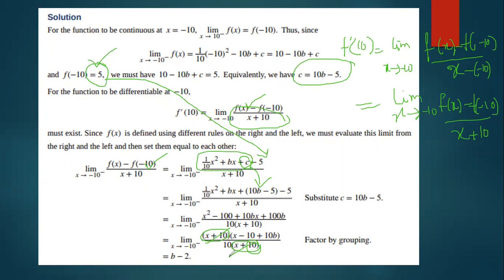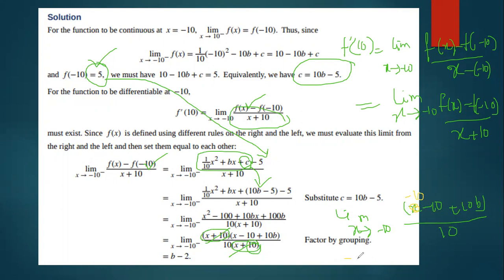Okay, so for this, now applying the value x equals minus 10. So it will be the limit as x approaches minus 10 of x minus 10 plus 10b divided by 10. For this equation, my x value equals minus 10.